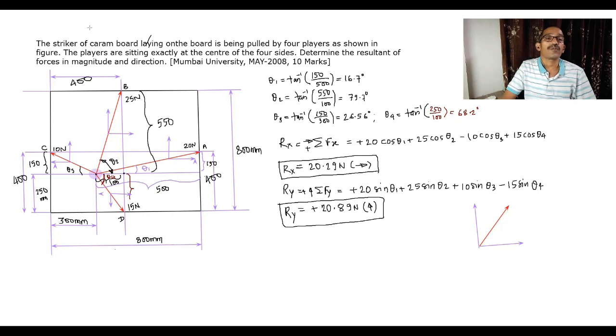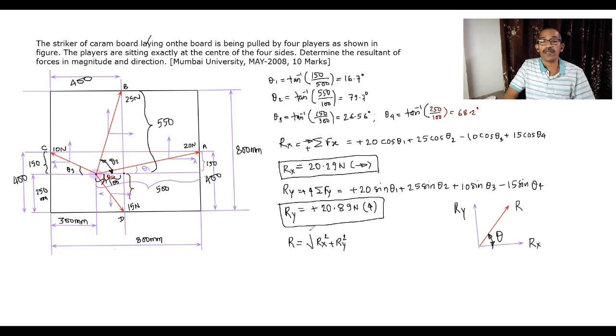The components are Rx and Ry, and this one is the resultant R, with angle theta. The magnitude of the resultant is found by applying the Pythagoras theorem. That means R is the square root of Rx square plus Ry square.